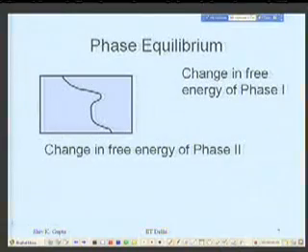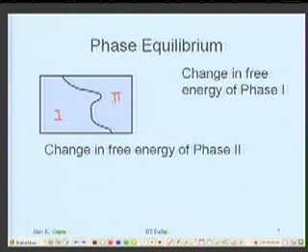Alright, let us first of all talk about the equilibrium. Let's say I have the phase 1 here in the system and this is the phase 2 in the system. And there are certain components in this, C components in the system. So those C components are present in 1, they are also present in 2.